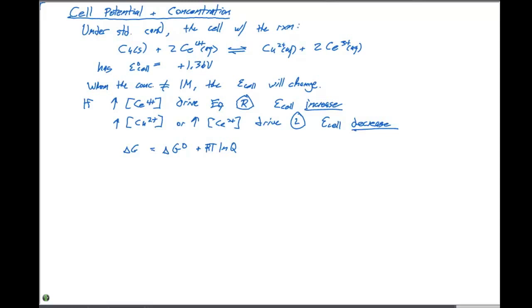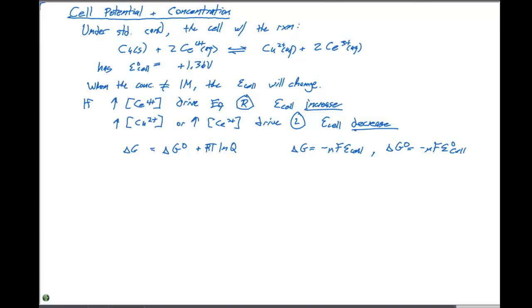We also know that ΔG equals minus nF E cell, and that ΔG° equals minus nF E° cell. So we can take these values and plug them into this equation.